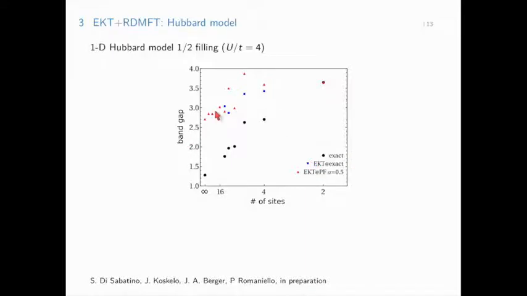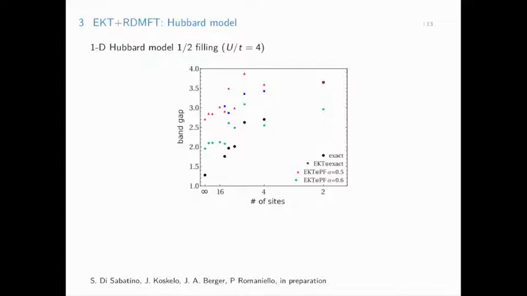So this shows that this functional, at least for the Hubbard model, is quite good. When we increase the value of alpha to 0.6, we see that we decrease the band gap. This means that we are closer to the exact band gap, but this is simply due to a compensation of error between the two levels of approximation that we are using. One is the fact that the EKT is an approximate method, and the other is that we are using approximate ingredients inside the EKT.